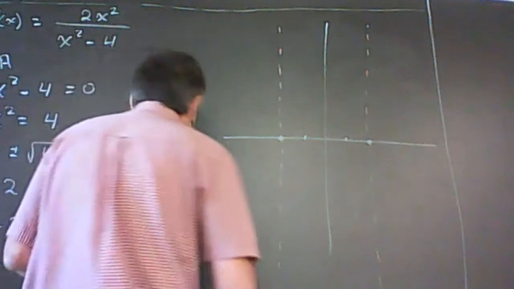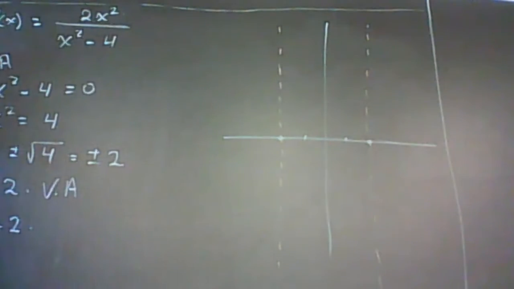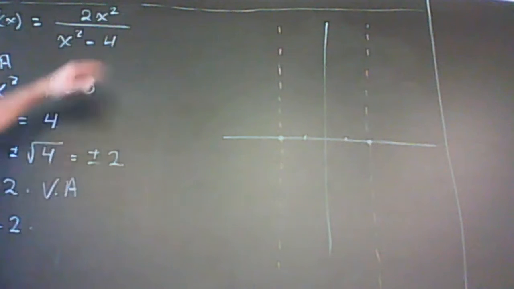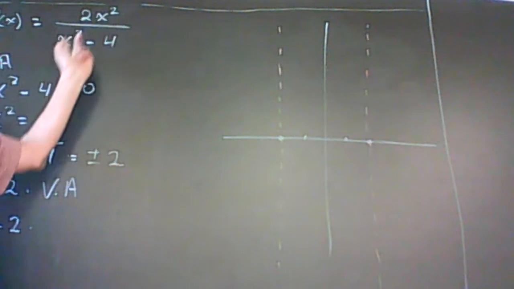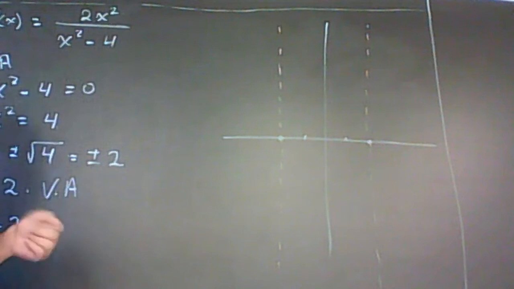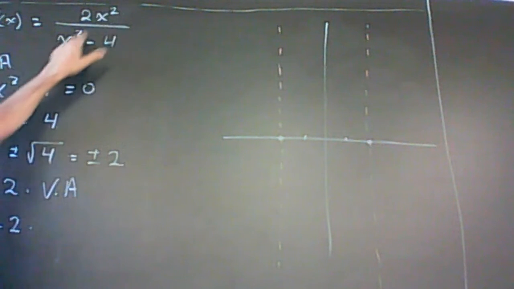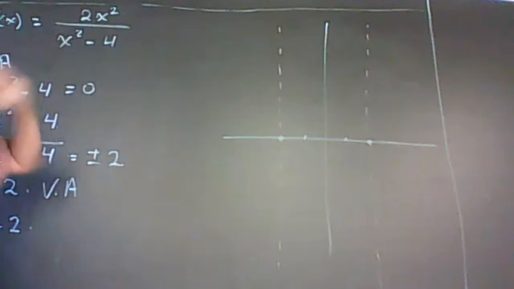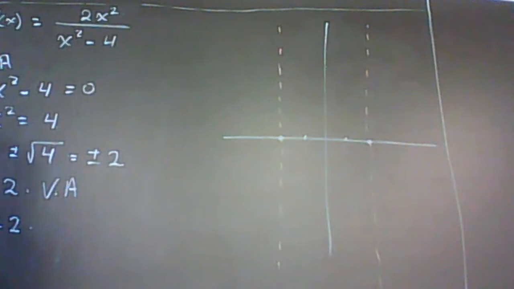Again, let's go ahead and take a look at the horizontal asymptote. How do I determine the horizontal asymptote? We said we will take a look at the highest exponents on top and bottom, right? In this case, they are exactly the same, yes?